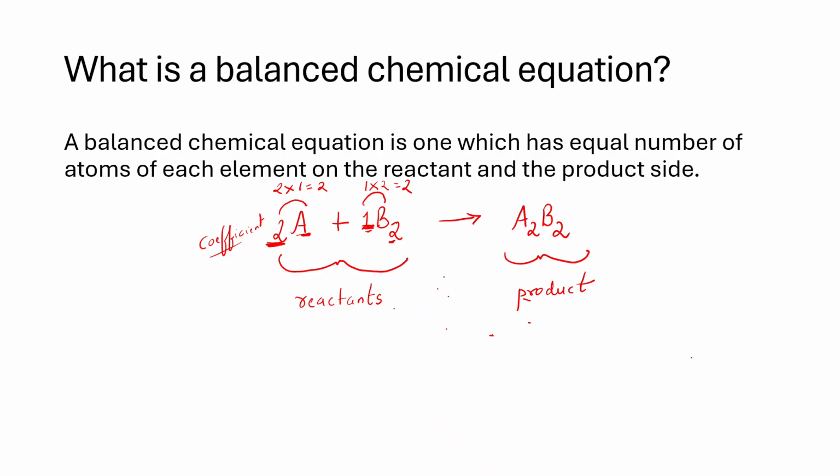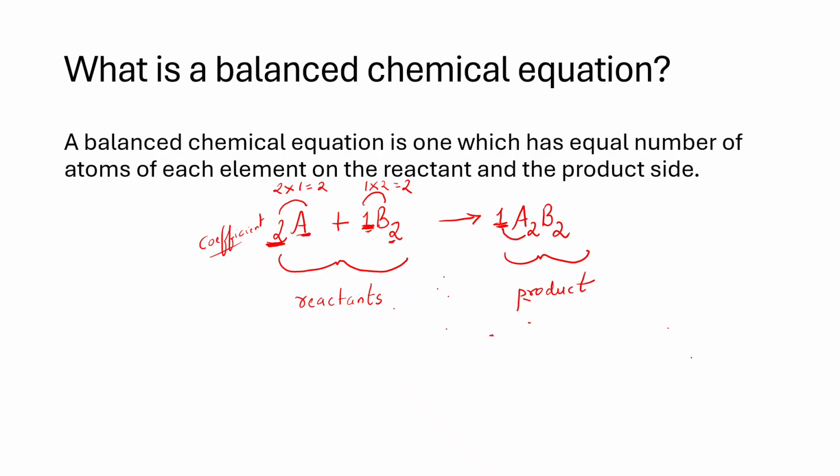Now let's see what is the situation on the other side. We have a single product here, and there is no number written in front of the product, so we assume that the coefficient is 1. How do we get the total number of atoms of A and B here?